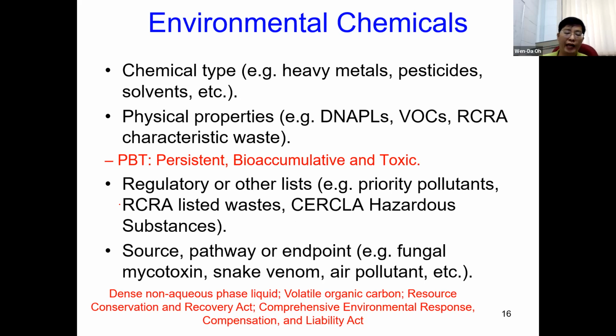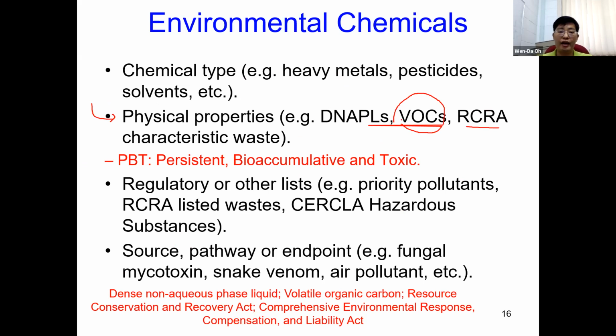So some people like to classify it based on physical properties, right? For example, you can classify based on DNAPLs, dense non-aqueous phase liquids. You can classify based on VOC, volatile organic carbon, or you can classify based on RCRA, which stands for Resource Conservation and Recovery Act, characteristic waste.